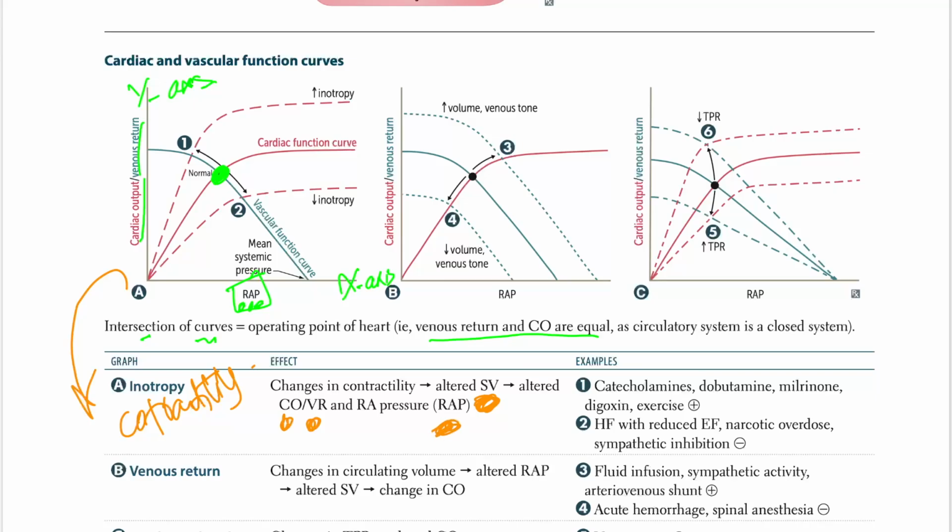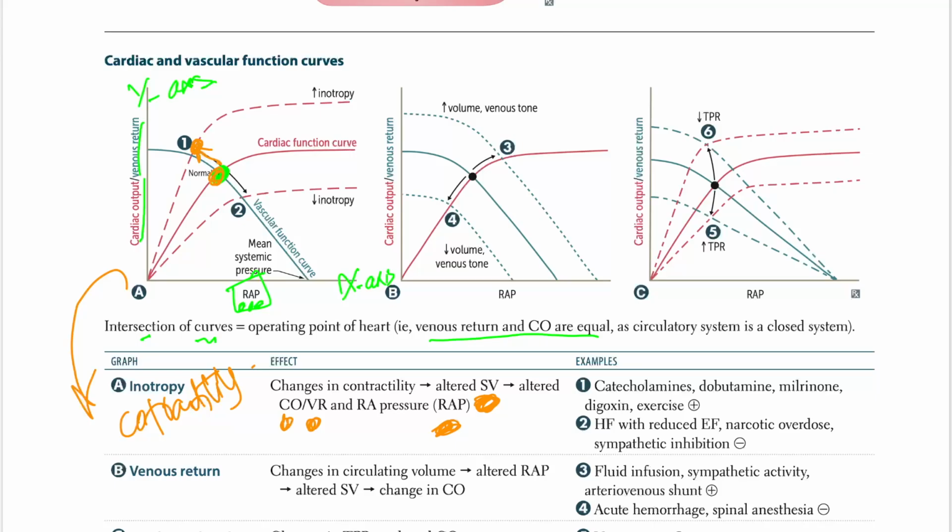So what are we trying to say? A simple thing. This was the normal point. If you increase the inotropy, which is the same thing as contractility, you alter the stroke volume.